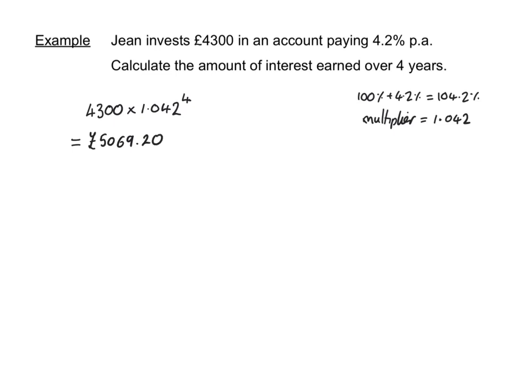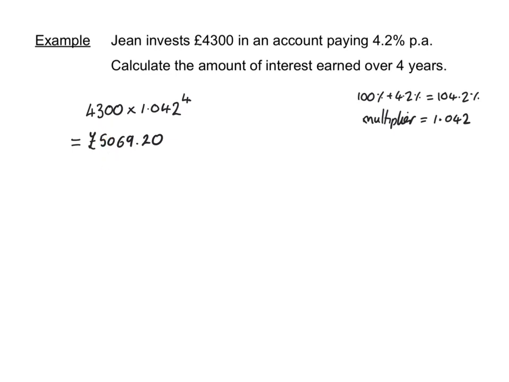Now, where this differs from the previous questions, the last question was asking how much is in the account, whereas this question is saying how much interest has been earned over 4 years. Now, if you only invest £4,300 for 4 years, the bank doesn't give you an extra £5,069. This is the amount that's in the account now. This is the amount that was in the account before, so the interest earned is the difference between these two numbers.